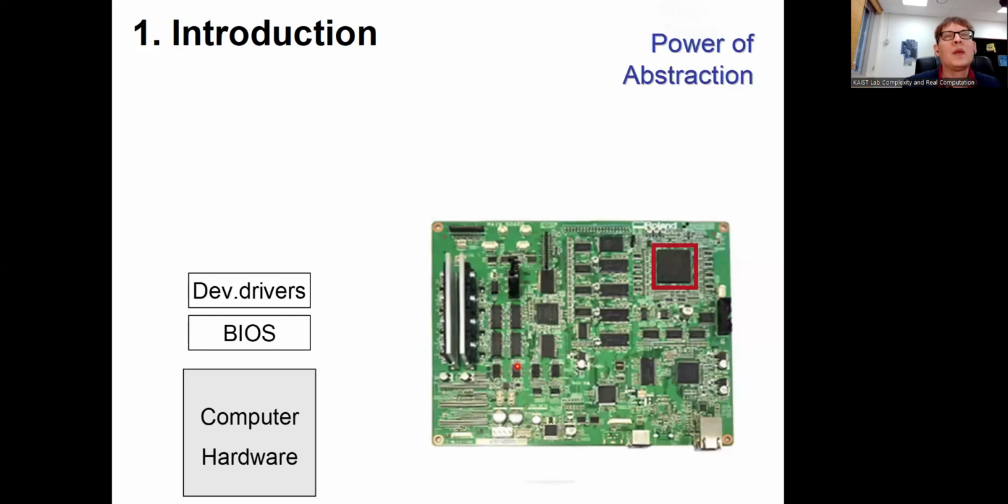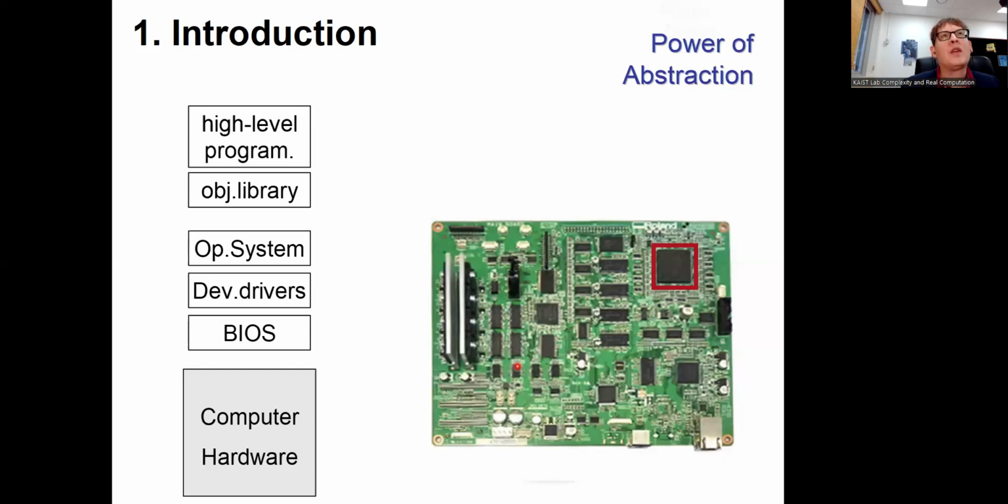So again, the next layer of abstraction is the operating system, which in turn builds on device drivers. If we proceed to different computer hardware, we only need to replace the BIOS and device drivers and can use the same operating system, on top of which then there's the library of object code, and on top of that there are high-level programming languages.